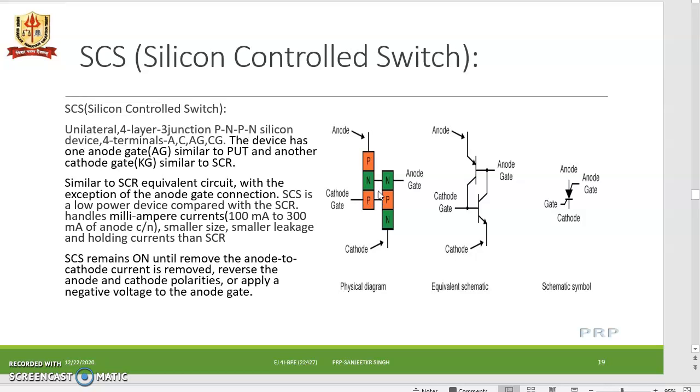For turning on, we apply a positive gate voltage to the cathode gate or a negative gate voltage to the anode gate. For turning off, a positive gate voltage at the anode gate or a negative gate voltage at the cathode gate. In this way, we can turn on and turn off the SCS.